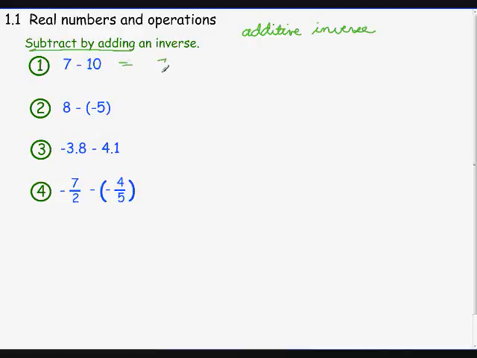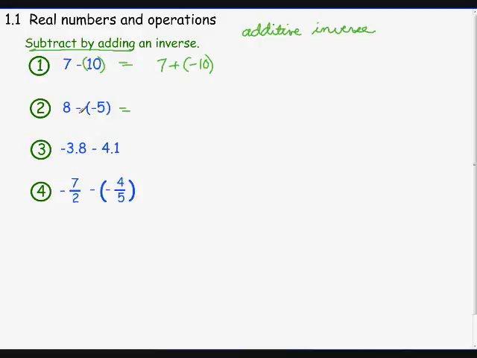So we're going to say 7 plus the additive inverse of a positive 10. We were saying 7 minus a positive 10. Now we're going to say 7 plus a negative 10. That's the additive inverse.